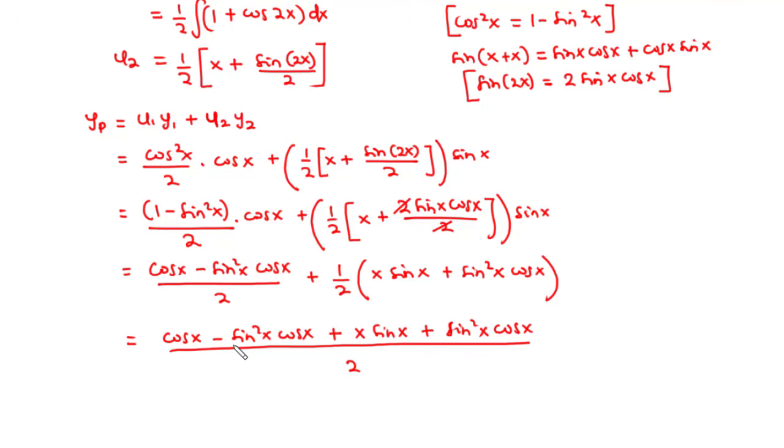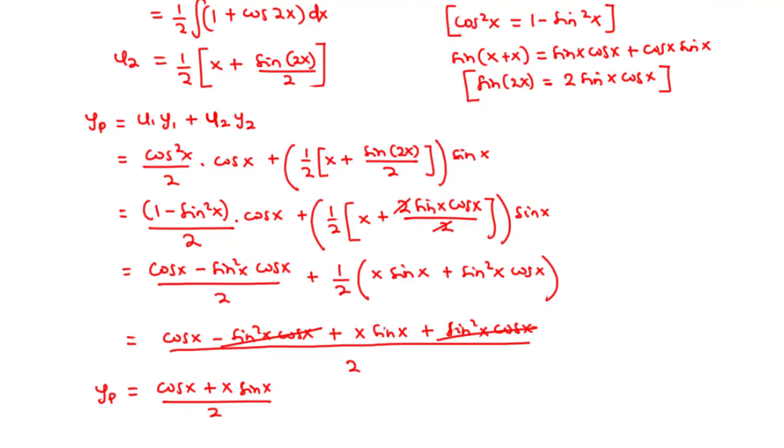Now here we have negative sin square x cos x and then positive sin square x cos x, so we can cancel out these two, and then we have yp equal to cos x plus x sin x, over 2. So this is yp.